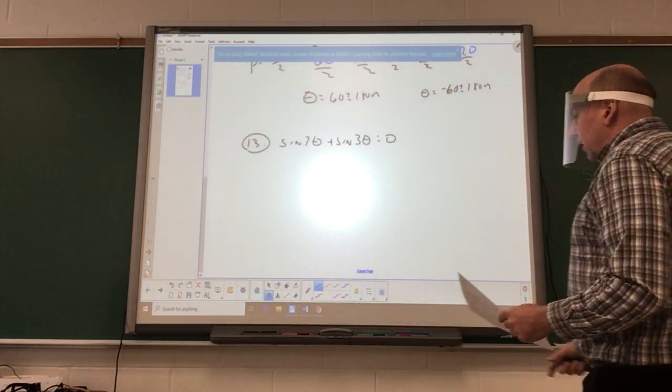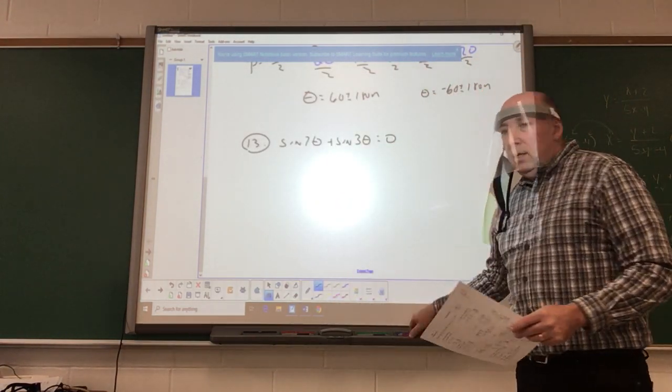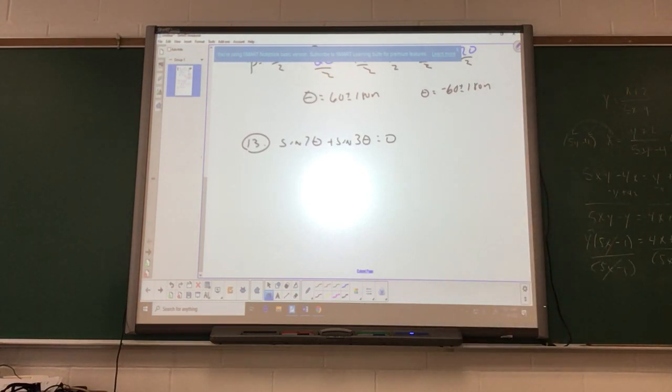Once again, as we talked about in the previous class, when it's in addition form, we can't solve the problem. But if I can get this into multiplication form, I can then solve the problem by using the multiplication property of 0. I need to convert this into a multiplication form. Right now, it is a sum.